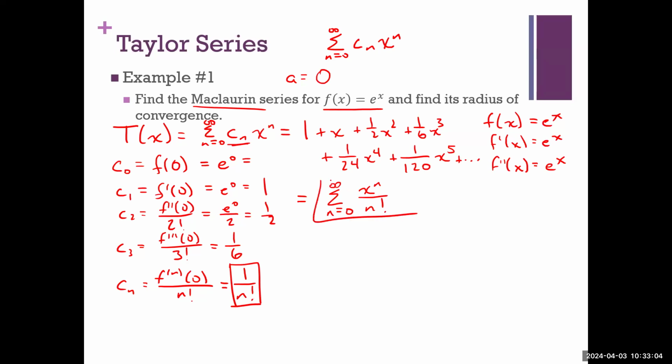So I think this right here is my Taylor series for e to the x. So e to the x, very much not a polynomial, but that Taylor series, it's not technically a polynomial because it has infinitely many terms, but I can represent e to the x as that function.